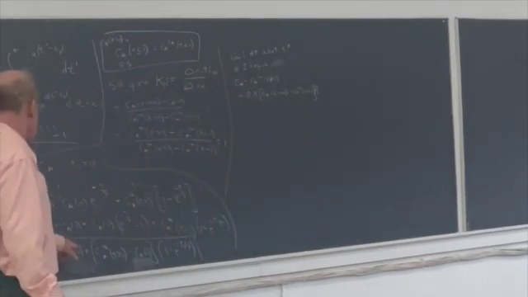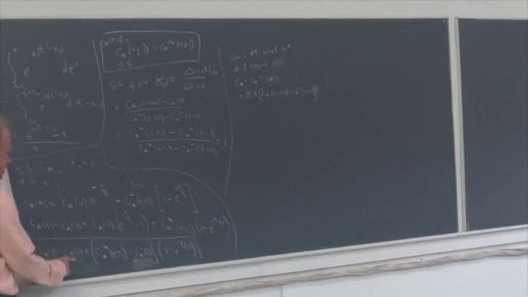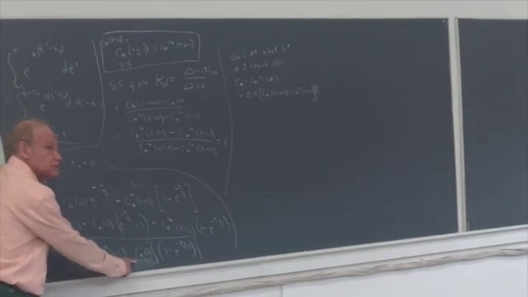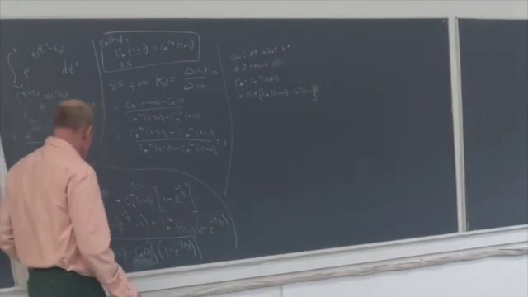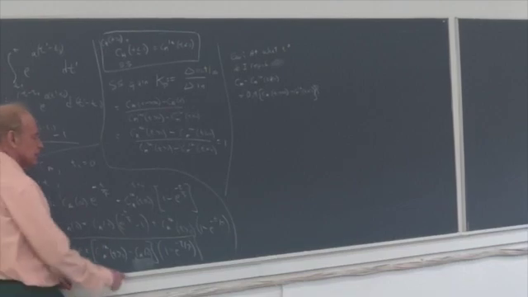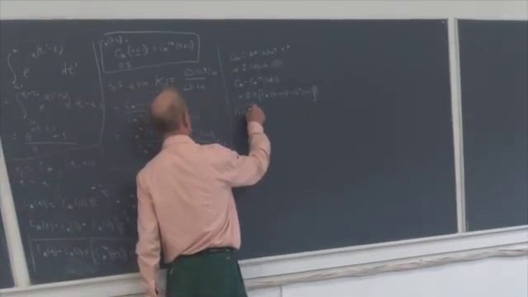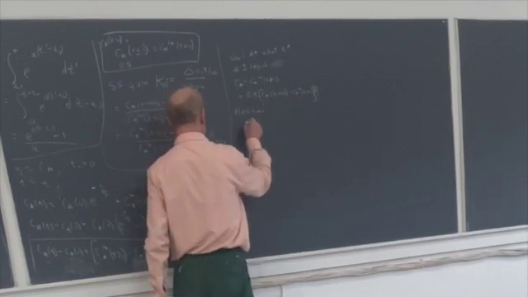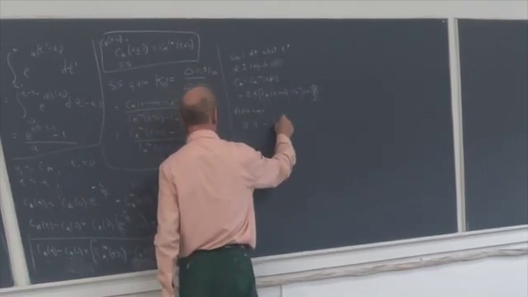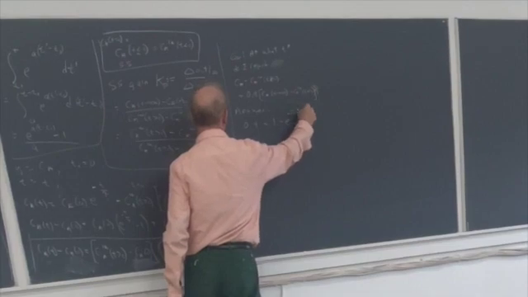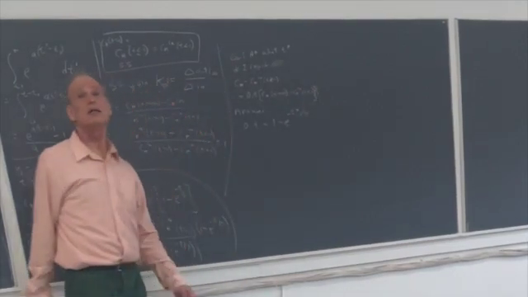So the question we're asking is, when is this 90% of this? In other words, when this is 90% of this, that says this is 0.9. So the answer is 0.9 equals 1 minus e to the minus t star over that. Is that clear?